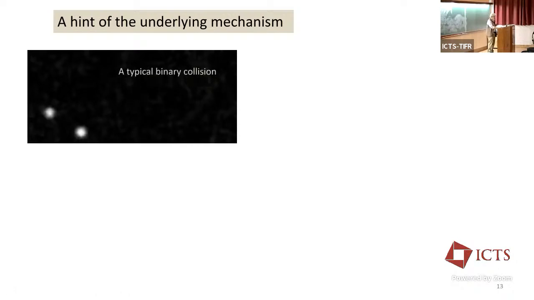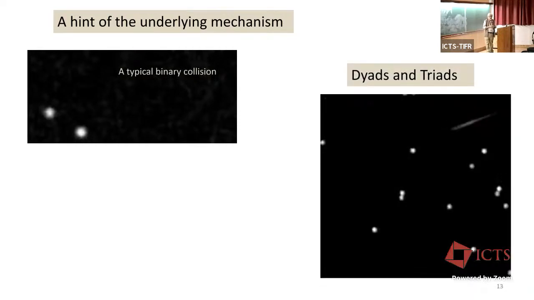This is what we call a binary collision. Now, suppose I don't have two particles come in, but somehow I have twos and threes, dyads and triads. What do they do? Let's look at them.